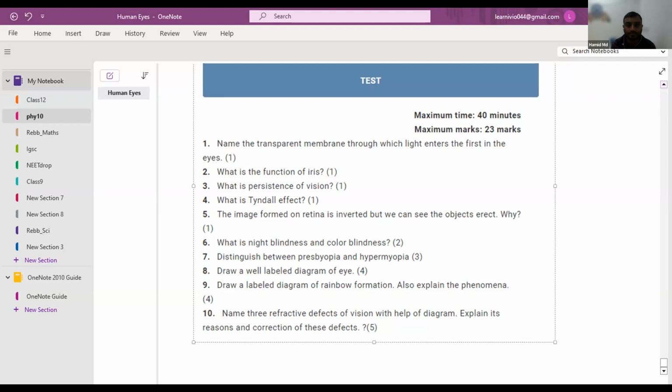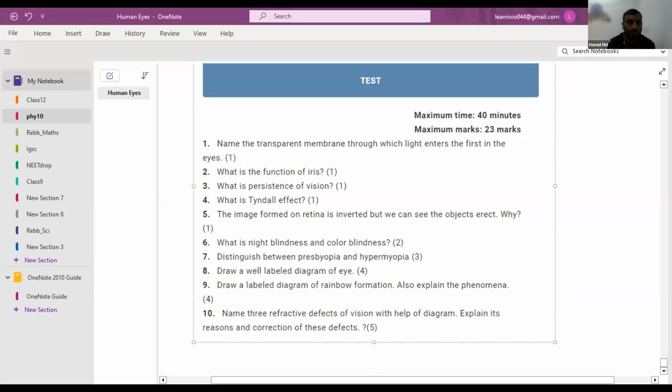Is it the cornea? Who is in support? Who is in opposition? Is it cornea or something else? It's cornea, sir. Okay.